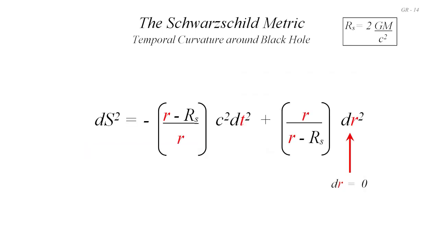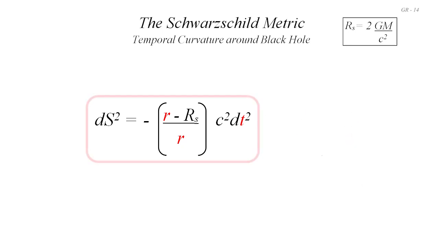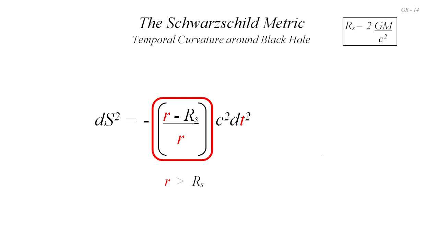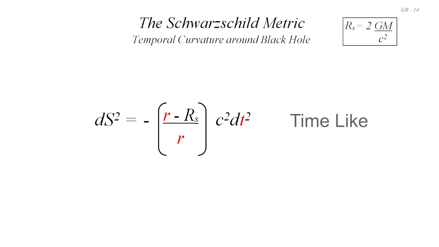This then would give us, for the square of the space-time interval ds squared, this formula. Now, given once again that we are considering a place outside the event horizon, it means that we can take little r to be greater than rs. And so once more, this bracket must be taken to be positive, making ds squared negative in this case. This space-time interval is actually time-like.